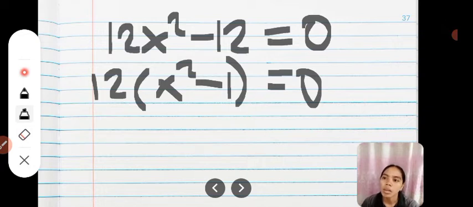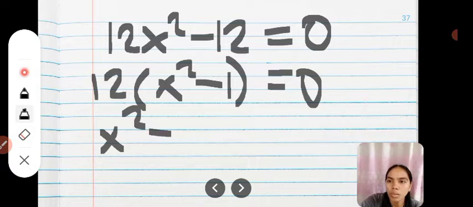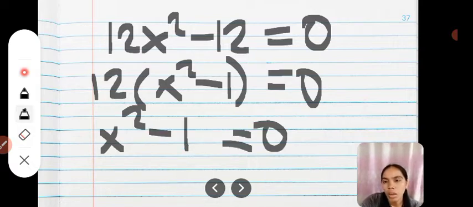Then our next is it will become x squared minus 1 is equals to 0, and we will transpose negative 1 to the other side, and it will become positive.